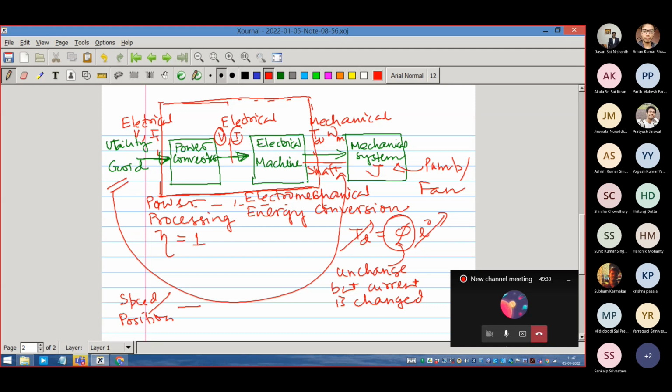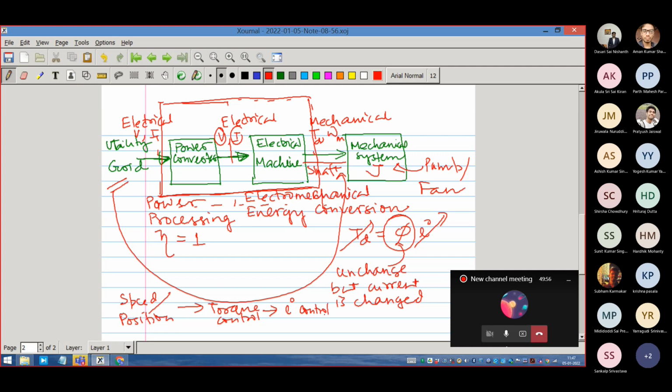This control ultimately at the machine level becomes torque control. Very high dynamic torque control. And this torque control, when you have to execute through your power converter, you must see that it boils down to current control, I control.